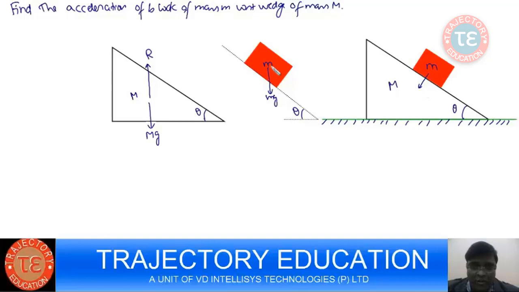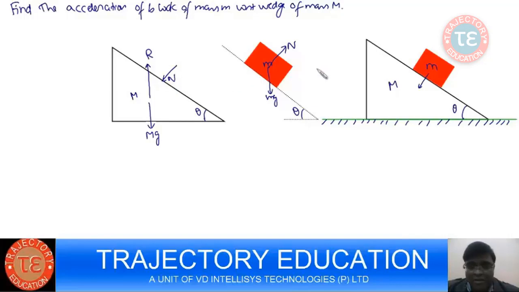So you have a normal reaction acting on the block in the direction opposite to the direction in which the motion is constrained. This normal reaction is being applied by the wedge, right? So as a reaction, the block is going to apply a normal reaction N over here on the wedge.